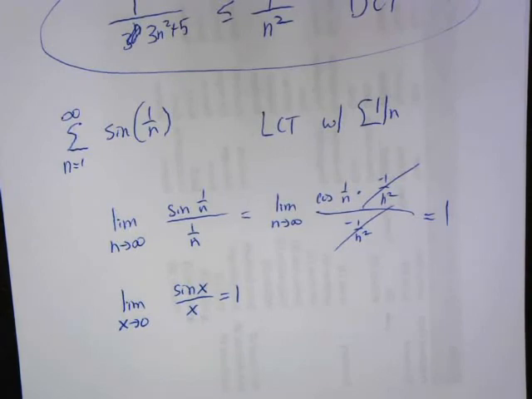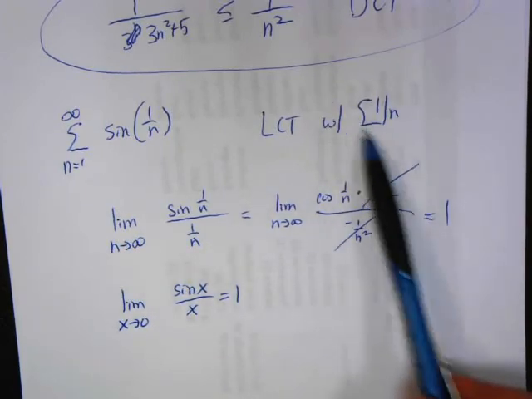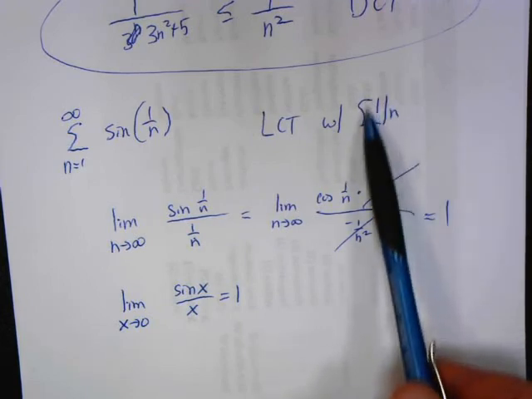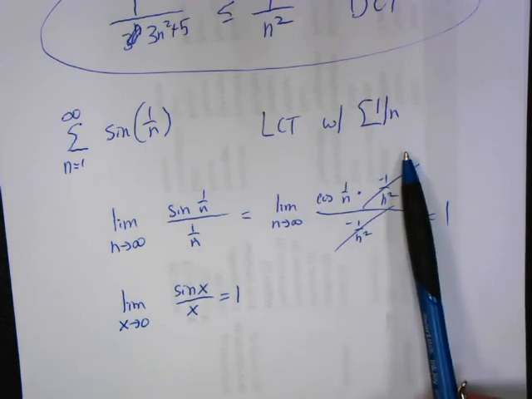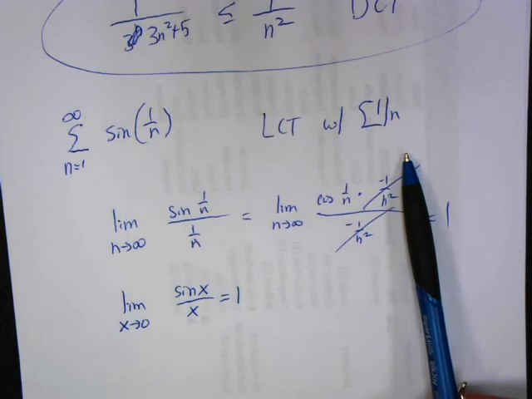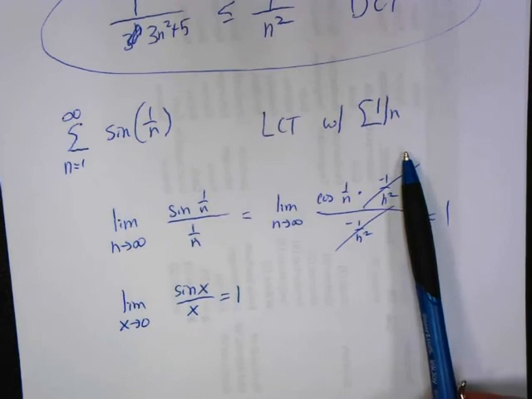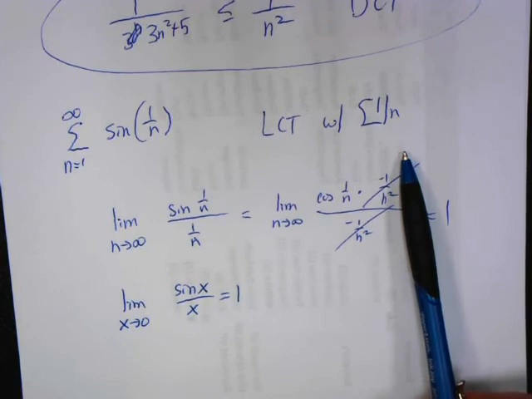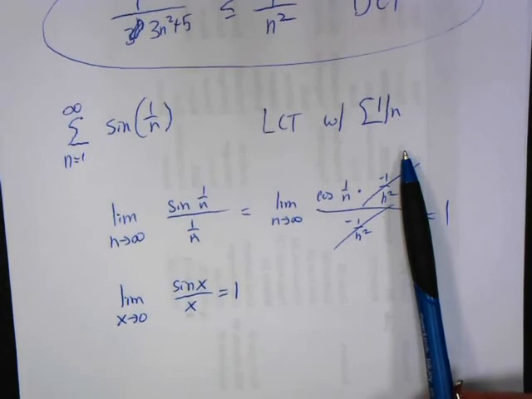Either the limit comparison test will never work, or you didn't use the right series to compare it to. You don't, unfortunately. You hope it works. If not, then you try again. Try something else. We will have some other techniques in the near future to fix that problem.